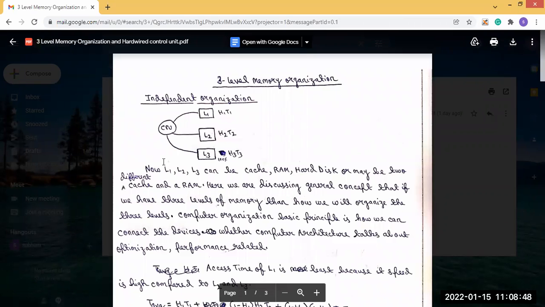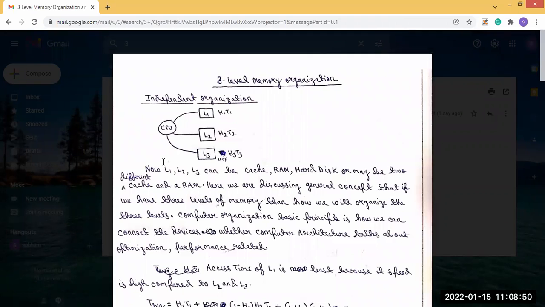The three-level memory organization is the same as that. In the previous case, we used two levels. Here in this three-level memory organization, we are using three levels, but the types are the same. There is the independent organization, and in the other case there is the hierarchical organization.